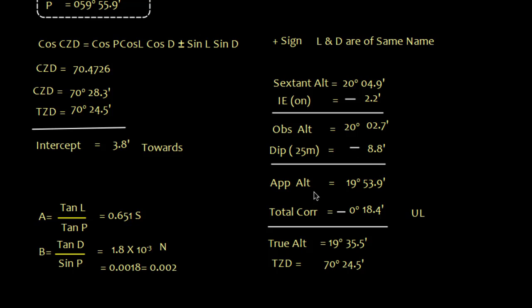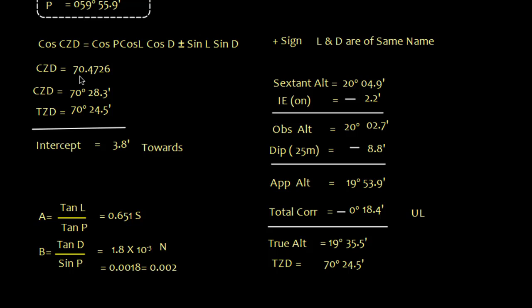So we get apparent altitude as 19 degrees 53.9. Then we need to apply correction, and the correction we take for upper limb, and we got to be careful with the column. So we have this value 0 degrees 18.4. So we have true altitude 19 degrees 35.5. We subtract this from 90 degrees, and we get true zenith distance as 70 degrees 24.5.